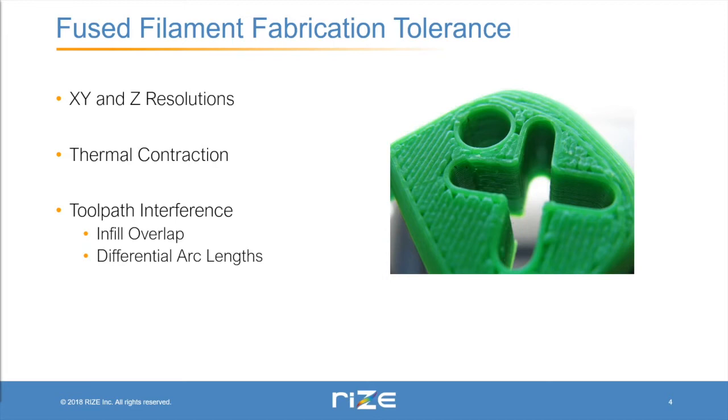And finally, one of the things that's unique to fused filament fabrication is toolpath interference. This is the idea that as toolpaths are being placed and being extruded right up against one another, in some cases it can cause those toolpaths to be pushed outward slightly. And this can either be the infill pressing against the contours, or in a special case, as a contour is being laid down, if it's following a curved line, then the inside of the curve will be receiving more material per distance of its length versus the outside.